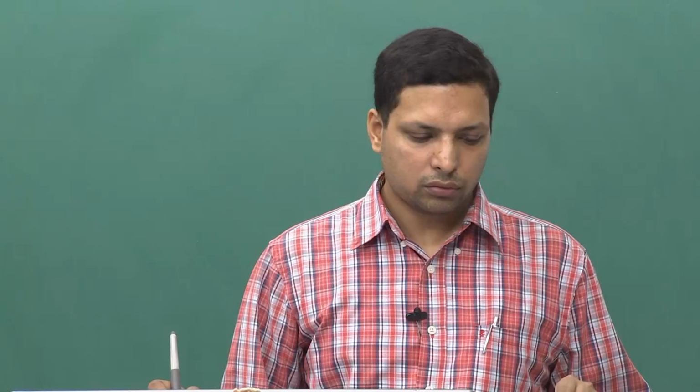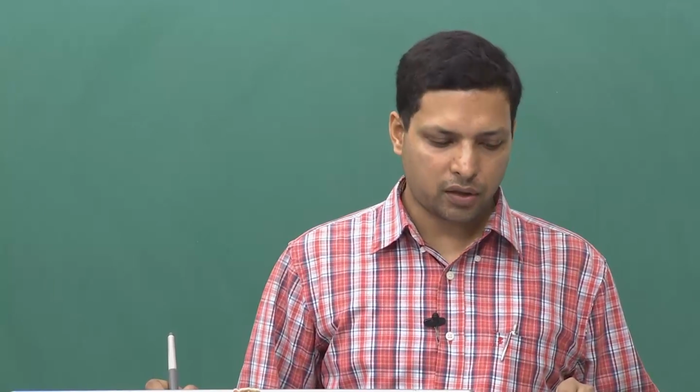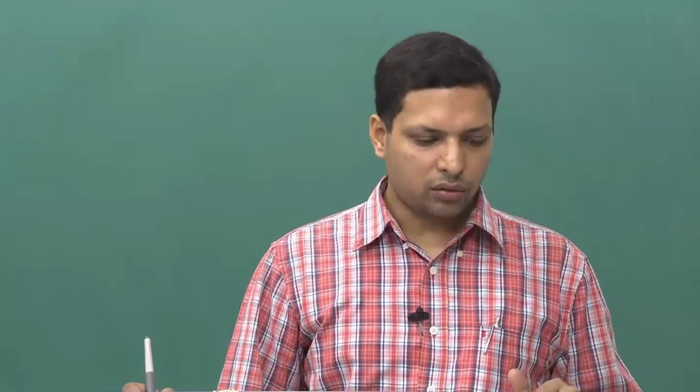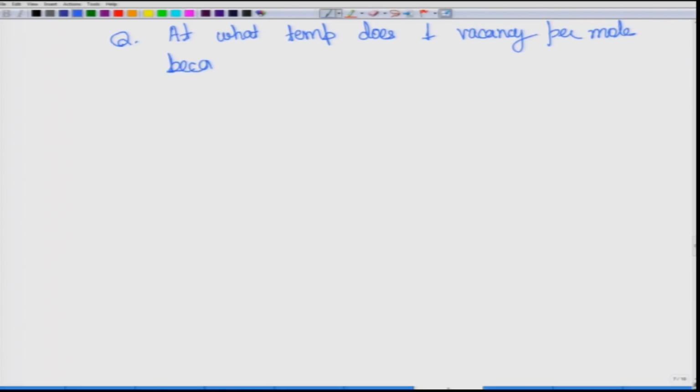Okay, so, let us move on to an example problem. Now that we have seen the equilibrium concentration, how it is related to temperature, the problem question would be something like this: at what temperature does 1 vacancy per mole become stable in copper?